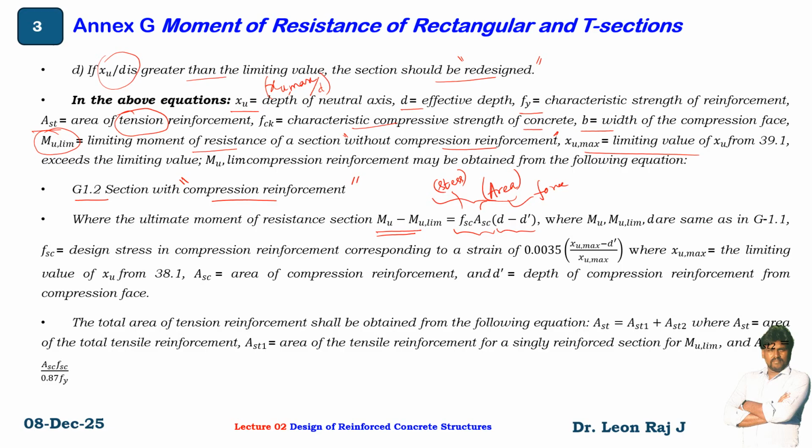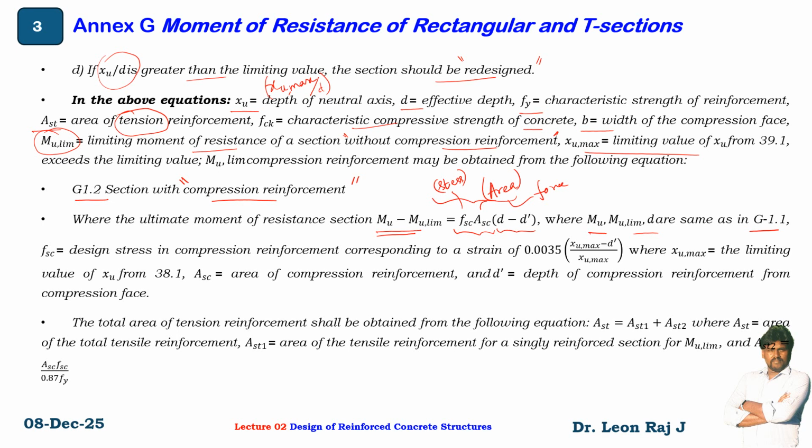So Mu minus Mu limit equals fsc Asc into (d minus d dash). How do we arrive at this equation? I will explain that in the coming slides, where Mu limit and d are the same as in G 1.1.